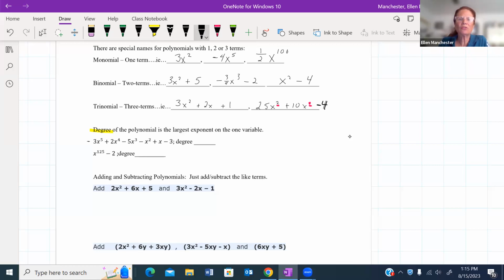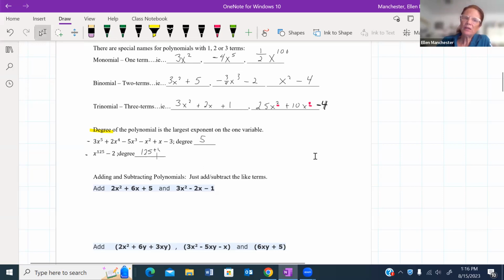The degree is the largest exponent. So this is a 5th degree polynomial. This one, the largest exponent is 125, so this is a 125th degree polynomial. So it's whatever the highest exponent is. That's how you identify the degree of the polynomial.